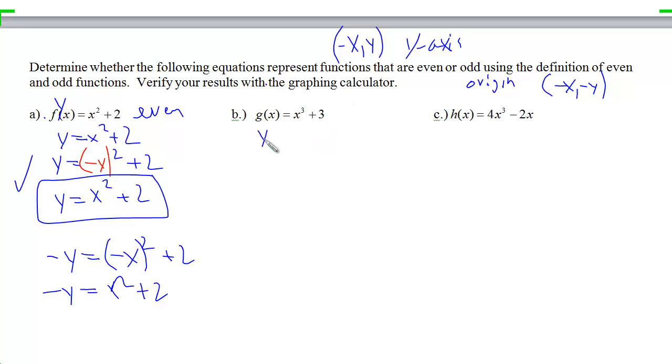We'll do the same thing here. I'm going to change this to y equals x cubed plus 3. I'm going to change this to y equals negative x cubed plus 3. Now when I cube, it's negative times a negative, which would be a positive, then times a negative, so this would still be a negative x cubed. And I see that this is not the equivalent function, so this is not an even. So let's check it to see if it is an odd.